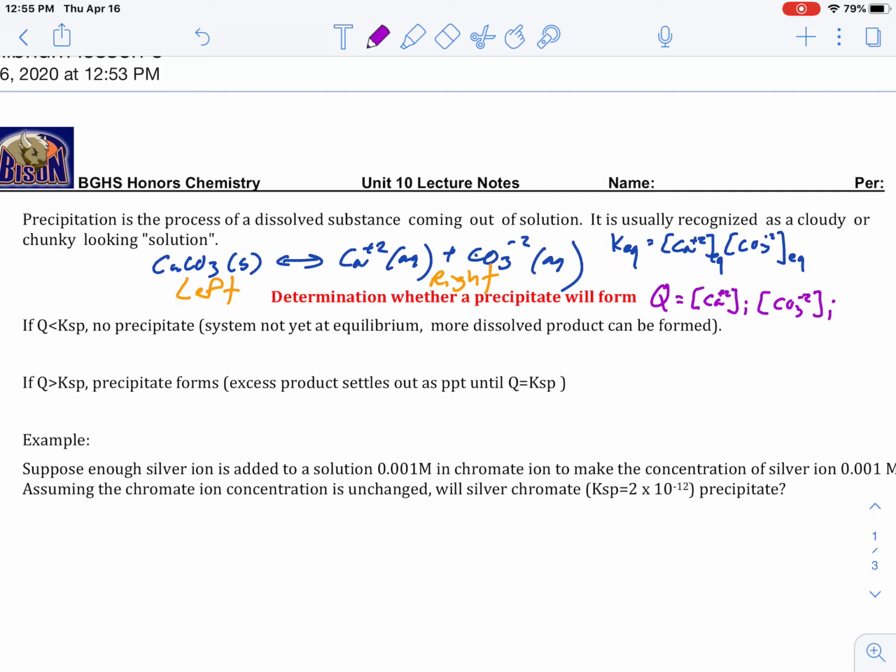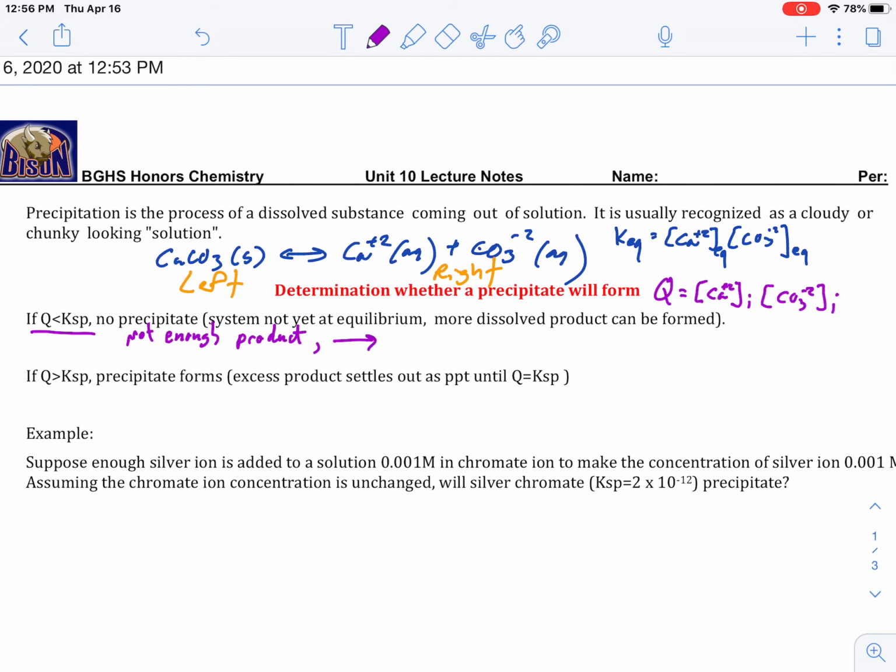So in order to interpret this, when the value of Q that you calculate is less than K, what that's basically telling you is that you don't have enough product. So if you don't have enough product, the system's going to make more product.